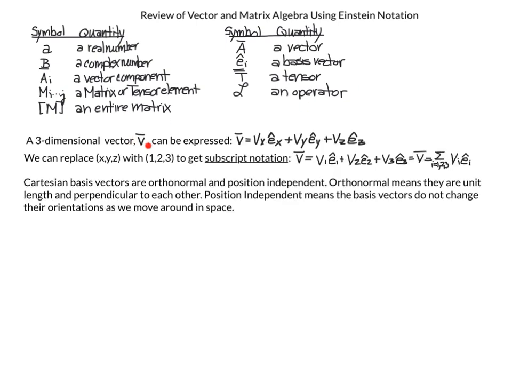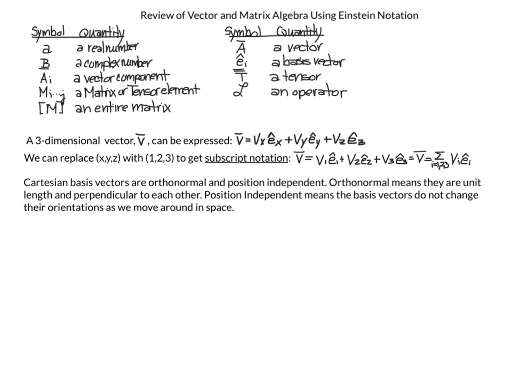So with this, a 3-dimensional vector v, again our vector is an uppercase with the bar over it, can be expressed as v sub x, e sub x. Remember, this capital letter with a subscript is a vector component, so this is the x component in the x direction, and our e sub i are our basis vectors, plus v sub y, the y component, times our y basis vector, plus v sub z times our z basis vector.